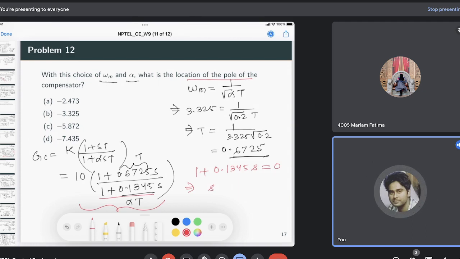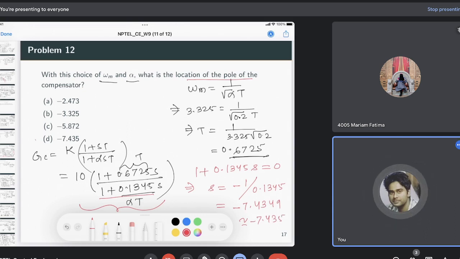So s equals minus 1 by 0.1345, which is minus 7.4349, or approximately minus 7.435.